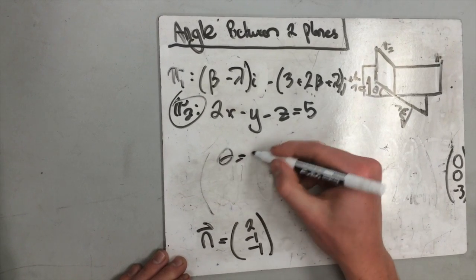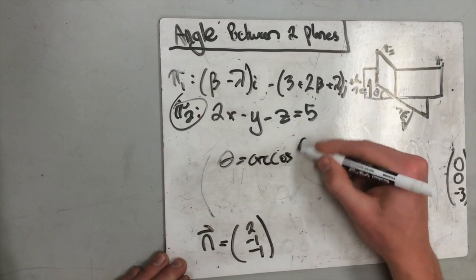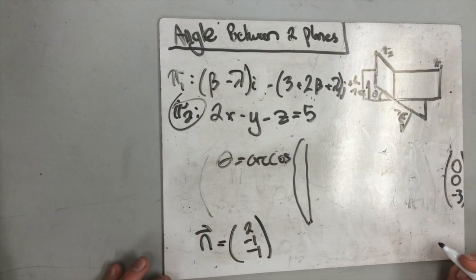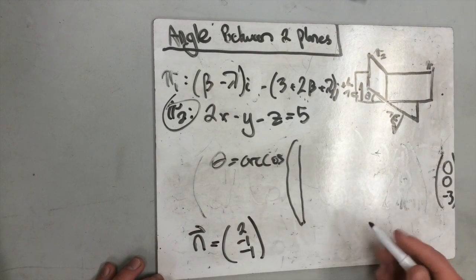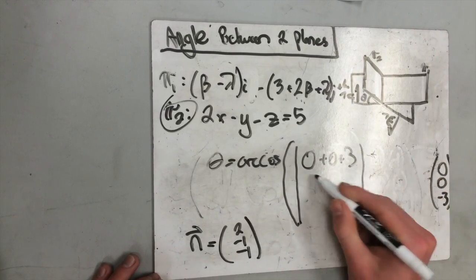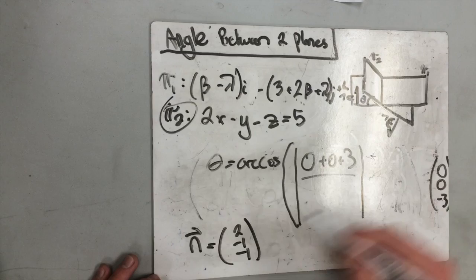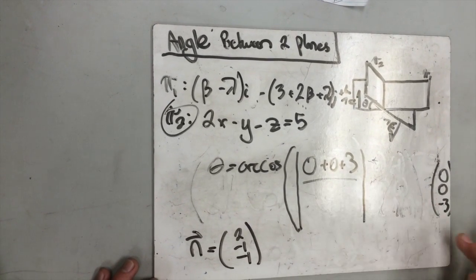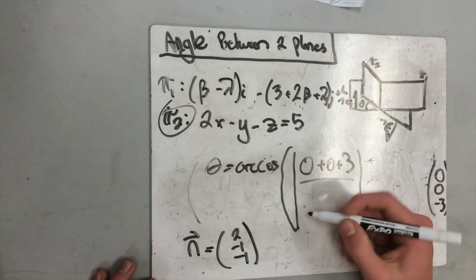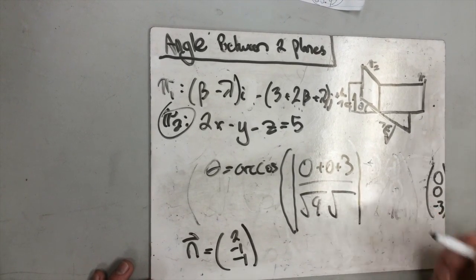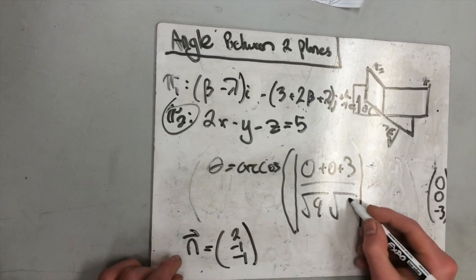Theta equals arc cosine of the absolute value of the dot product of both, which comes out to 0 plus 0 plus 3, or you can just simply write 3, over the magnitude of the first vector, this one right here, this one right here is going to be 9, and then the magnitude of the second vector, which is 6.